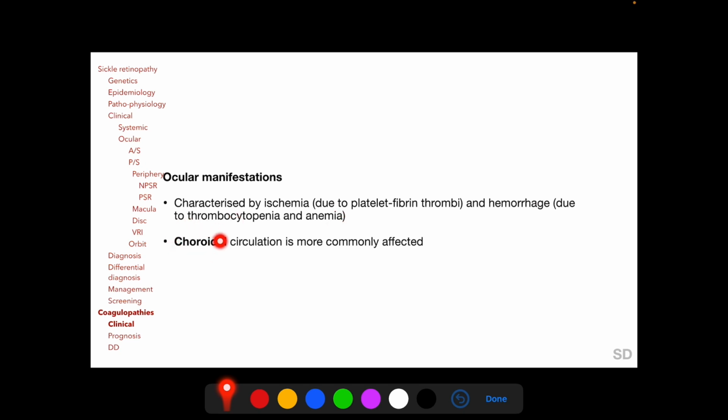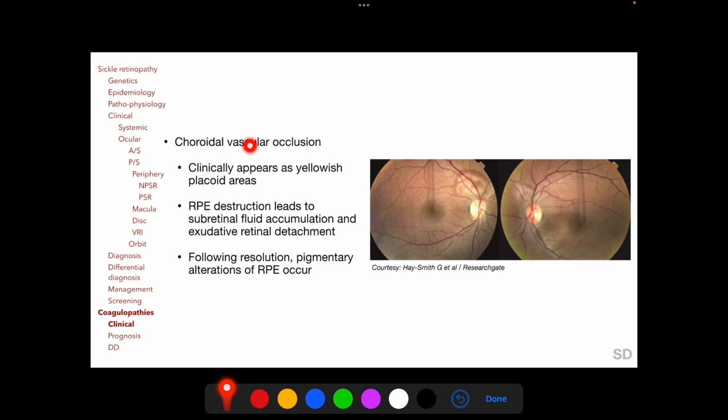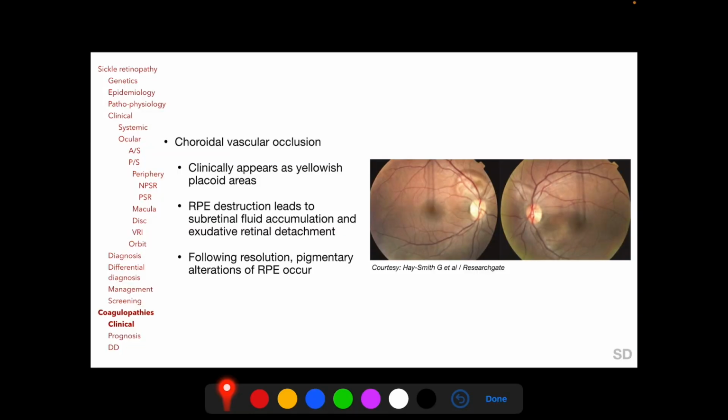Choroidal circulation is more commonly affected than retinal circulation in systemic coagulopathy syndromes, and this is important to remember. Choroidal vascular occlusion clinically appears as yellowish placoid areas, and they can be either Elschnig spots, Siegrist streaks, and Amalric triangles, which we have discussed in the session on hypertensive retinopathy.